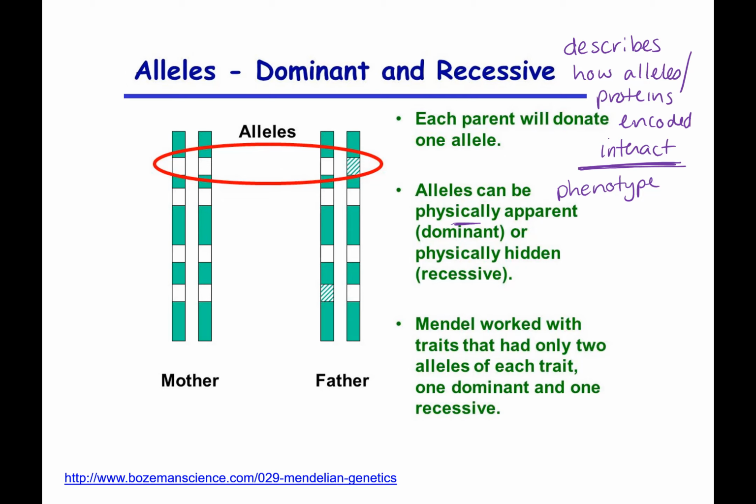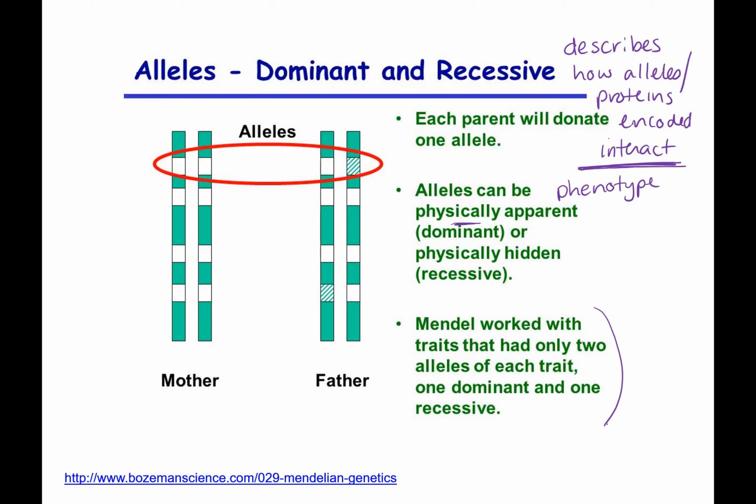So a dominant allele, well, let me work on that. Let me give you that in the next slide. The other thing I want you to see from this slide is that Mendel, who was the father of genetics, worked with traits that only had 2 alleles of each trait, 1 dominant, 1 recessive. So he had tall plants and short plants.